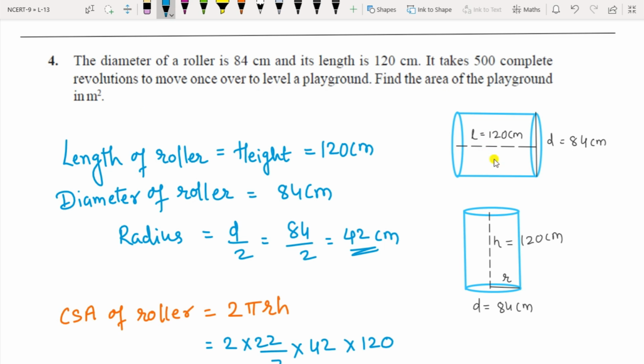So here if you move the road roller, it is touching the land by the sides, not this circular vertical part. The top and the bottom are not touching, only the curved surface area is touching. So here you have to find the curved surface area of the roller as 2 pi RH.